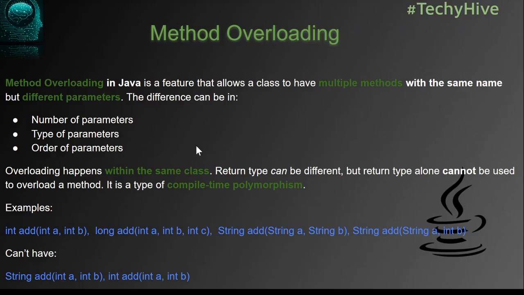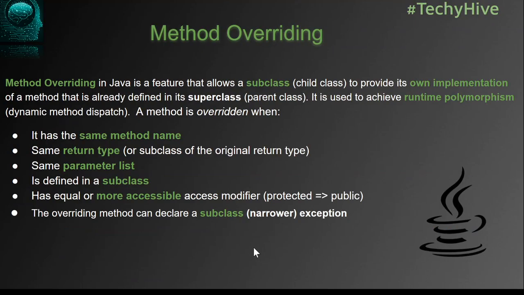You cannot have String add(int a, int b) and int add(int a, int b). The reason is the return type is different but parameters are the same, so this is not allowed in method overloading.